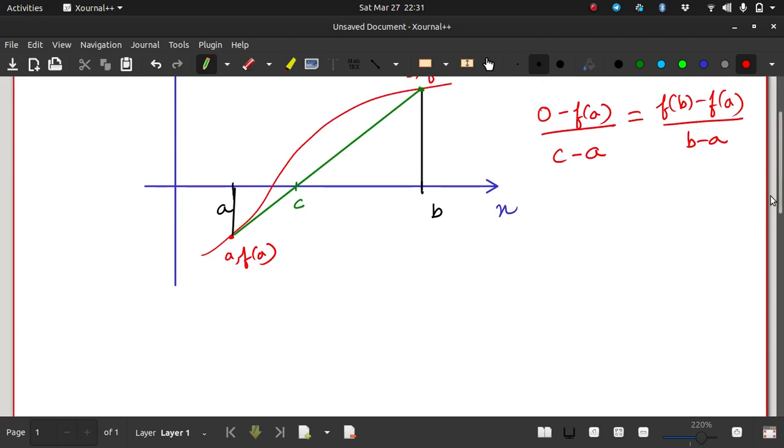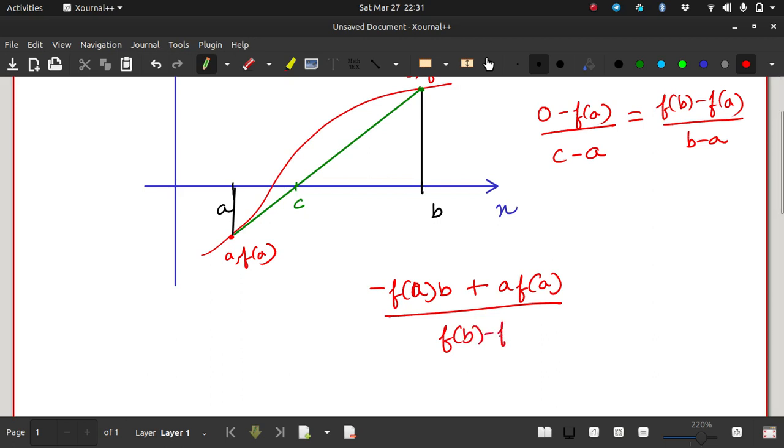So from this equation we can figure out the value of c. I can write this as minus f of a times b minus a, so I'm multiplying these two, so that's minus b f of a plus a f of a. This goes down, f of b minus f of a, this goes on this side, c, and I add a on this side.